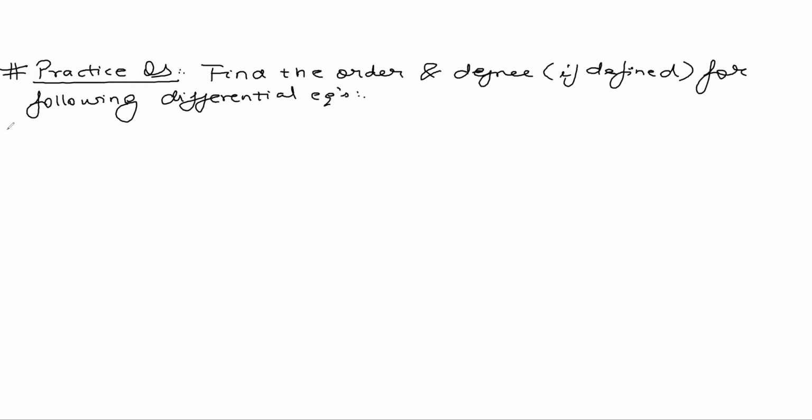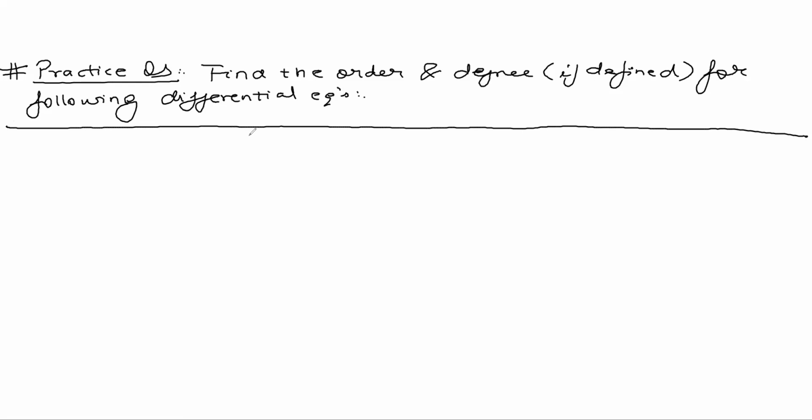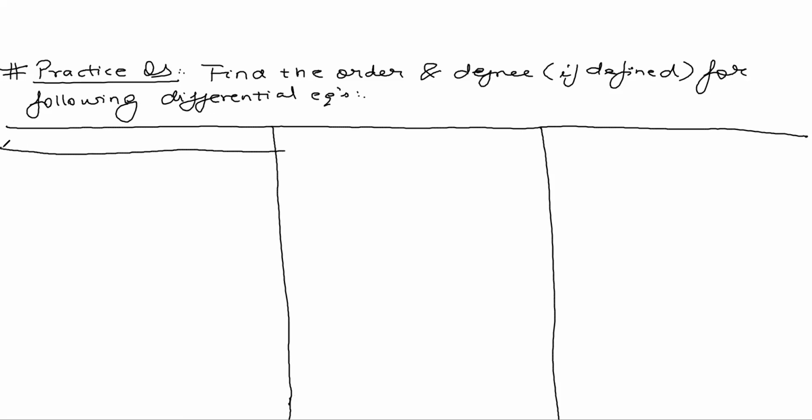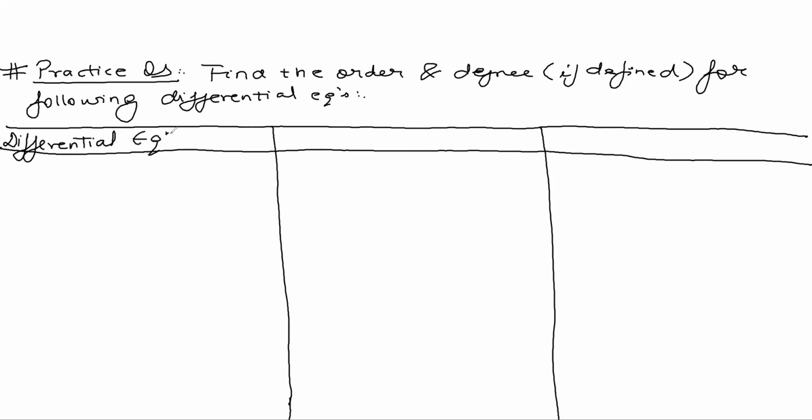So guys, I'm making a table and I'm giving you some differential equations. Let's find their order and degree. Okay, so these are the differential equations given to us, and we have the order here and we have the degree here.